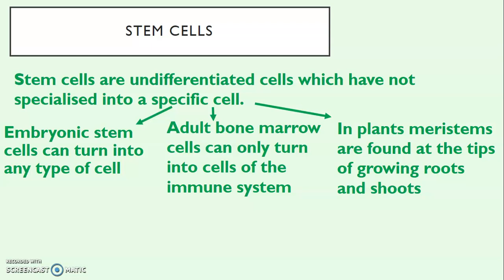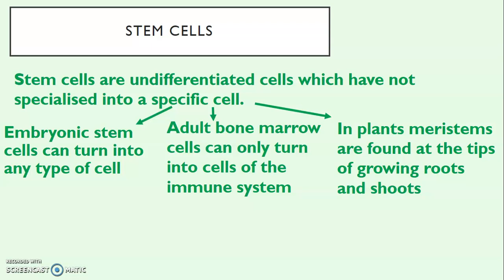And then in plants, the meristems are found at the tips of growing roots and shoots because that is where the growth happens. So that's where you need the stem cells to be. Now, stem cells can be very, very useful, especially in treating diseases, because if you have a disease that is damaging your cell, but you can take these stem cells and turn them into this type of cell that has been damaged, you can do treatments.